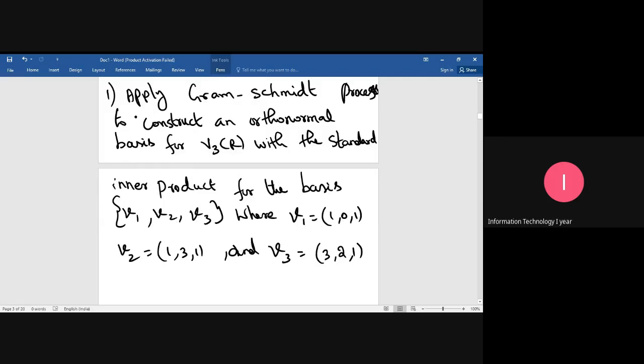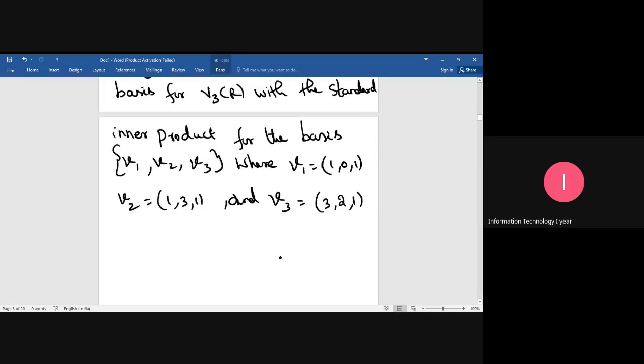So read the question: apply Gram-Schmidt orthogonalization process to construct an orthonormal basis. So find out orthonormal basis means what? W1, W2, W3, all these values calculated for V3 of R. V3 of R, how many times I told you, means it is a vector having only 3 elements.